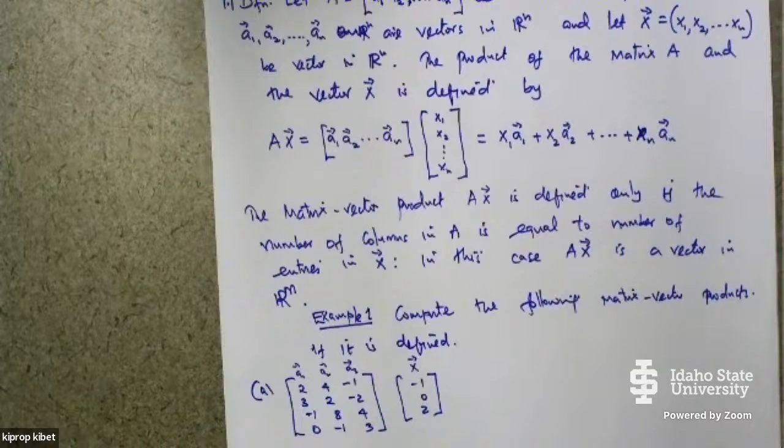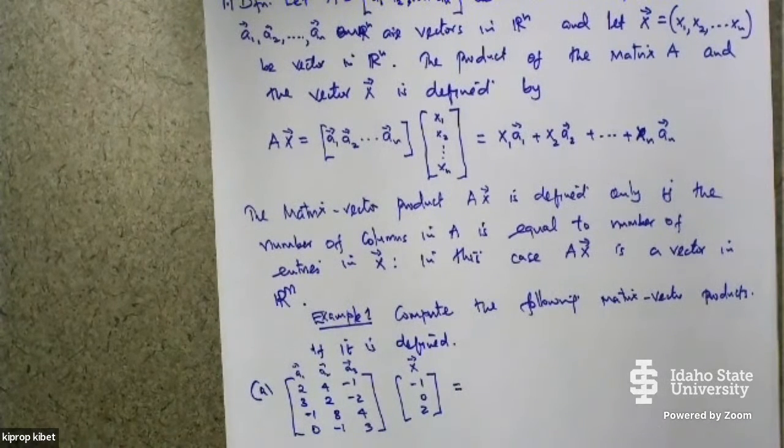Now, when we multiply A and x, for this to multiply, the number of columns here should be equal to the number of entries. The number of columns here is 1, 2, 3. The entries here are 1, 2, 3. So they are equal, and this can be multiplied.